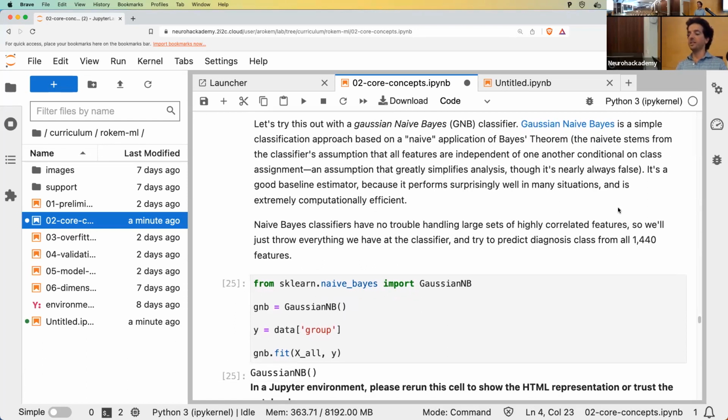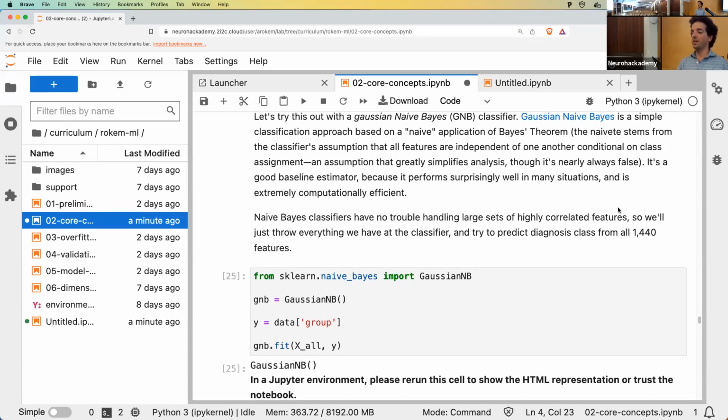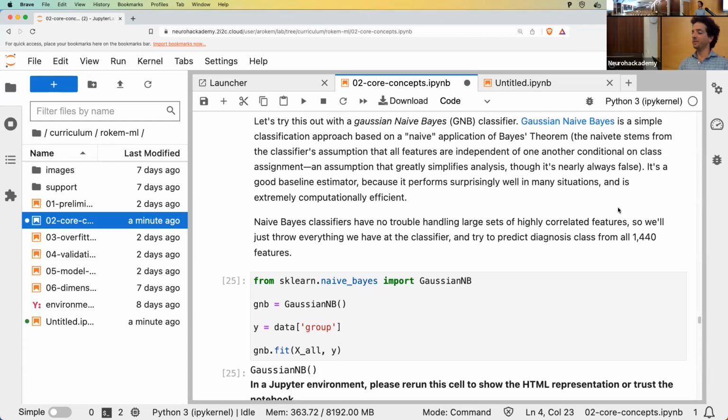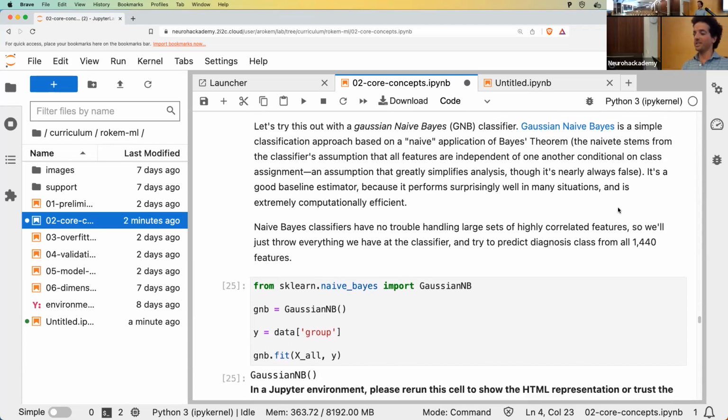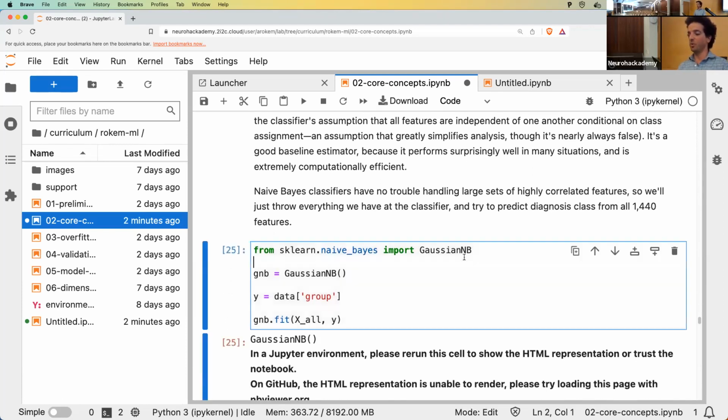It's naive in the sense that it assumes that the features are independent of each other. It's a little bit like a Gaussian mixture model, in order to put the classes in spaces like Gaussian distributed blobs.